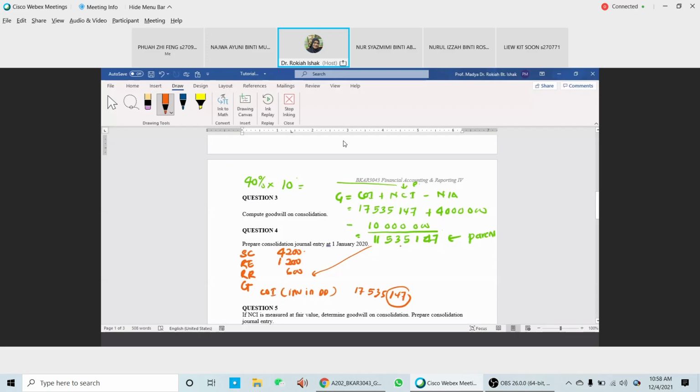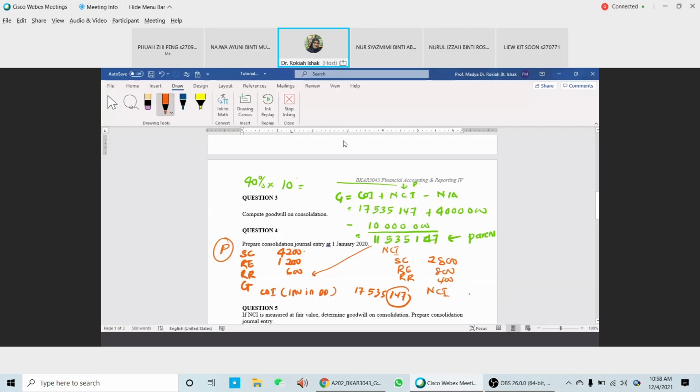Okay. For NCI, debit share capital, retained earnings and revaluation reserve. And then NCI. What do you have here? 2.8, which is 800 and 400.